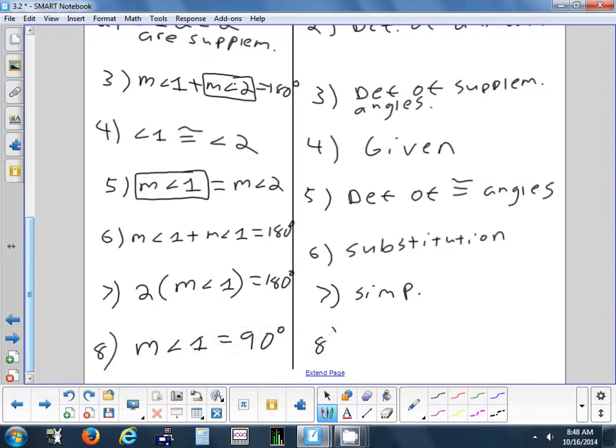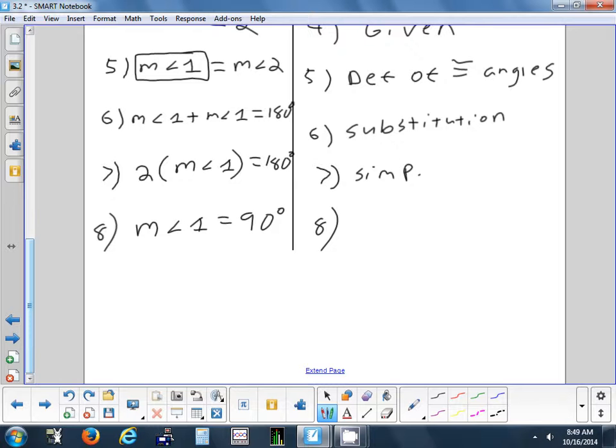Why? What did I do? Divide 180 by 2. Yeah, this is the division property of equality. Divide both sides by 2. So division property of equality.